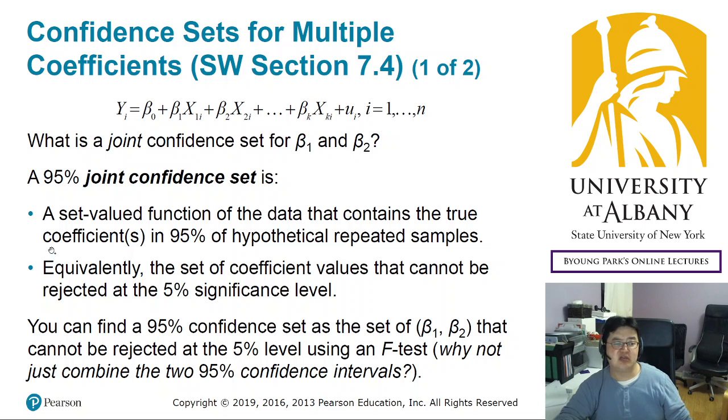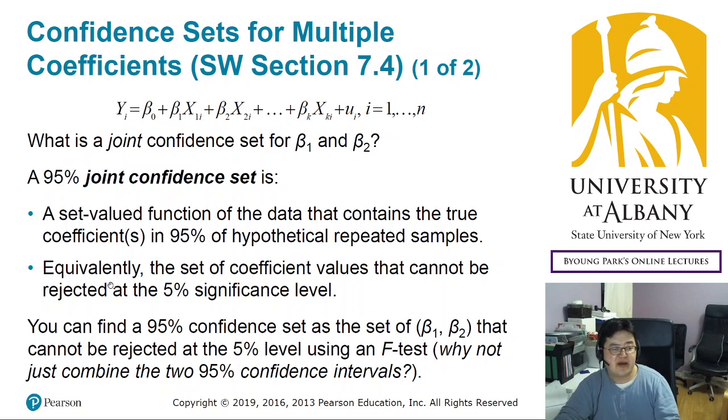An equivalent approach, which I'm going to explain a little more later, is that you can understand the confidence interval as the flip side of hypothesis testing. The confidence interval is a collection of parameter values, the coefficient values, which are not rejected by a hypothesis test at the 5% significance level.